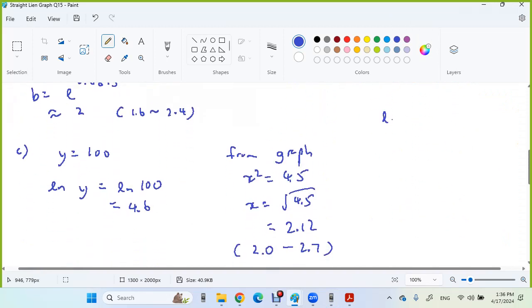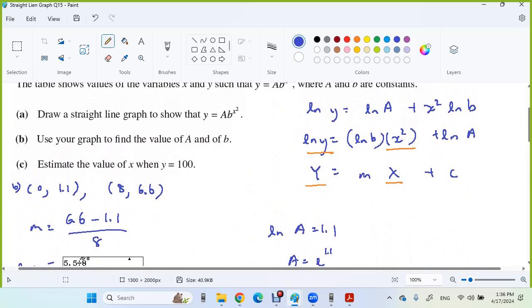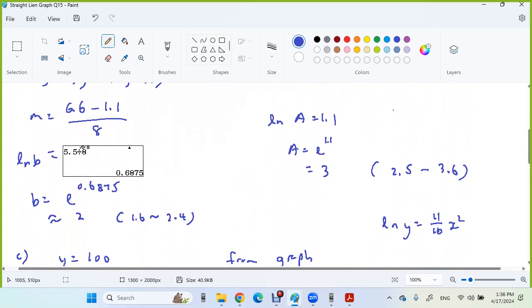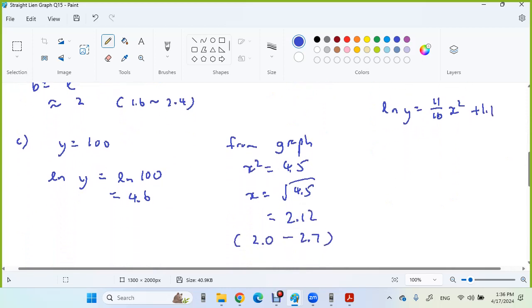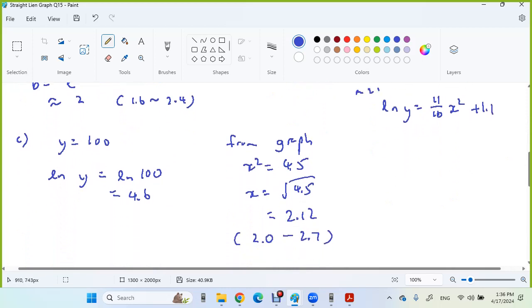So we have ln y equal to 11 over 16 x squared plus ln a, where ln a is 1.1. So ln y is ln 100. So ln 100 minus 1.1 equals 11 over 16 x squared.